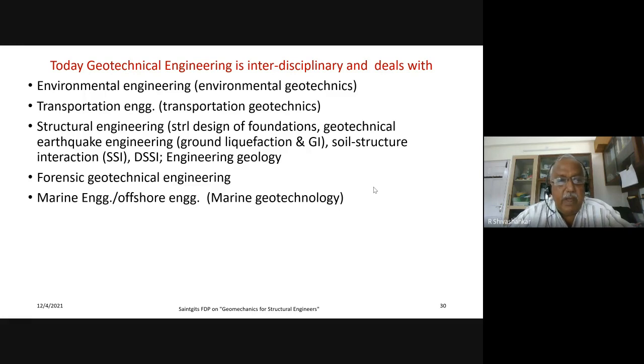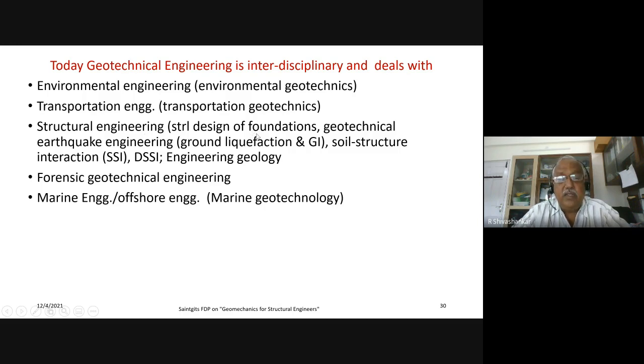But nowadays, biology is one of the very important subjects for civil engineers, especially environmental engineers. Nowadays we have environmental engineering or environmental geotechnics. We deal with the pollution of soil, water, air, and also transportation. So there is transportation geotechnics and structural design.